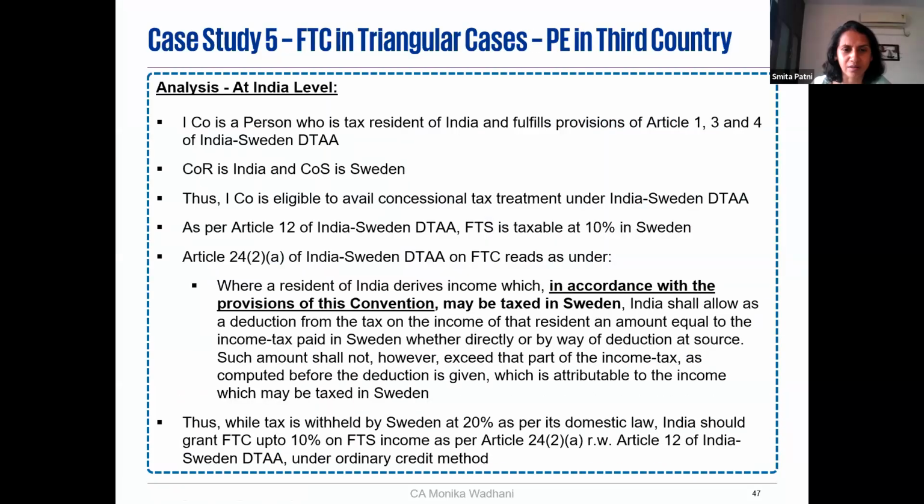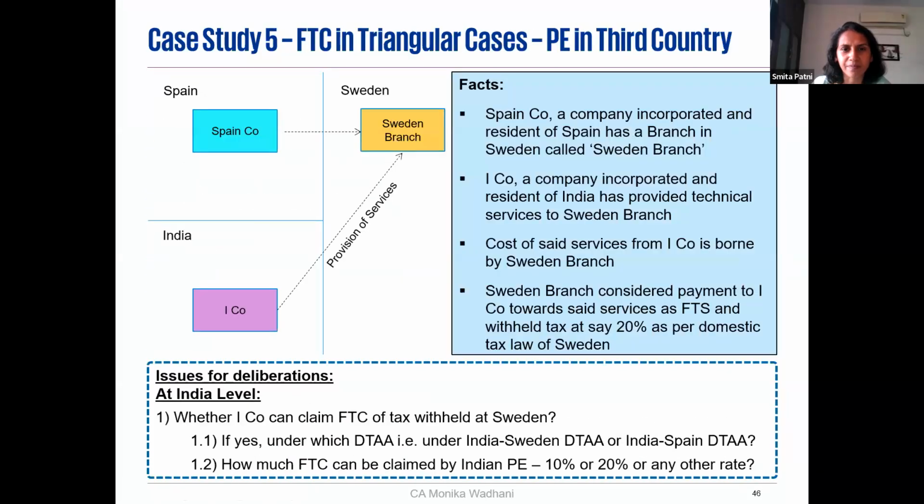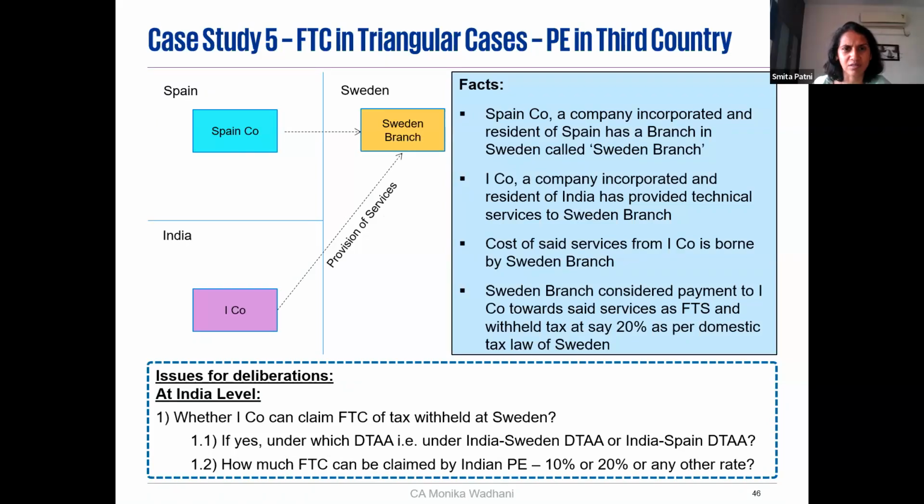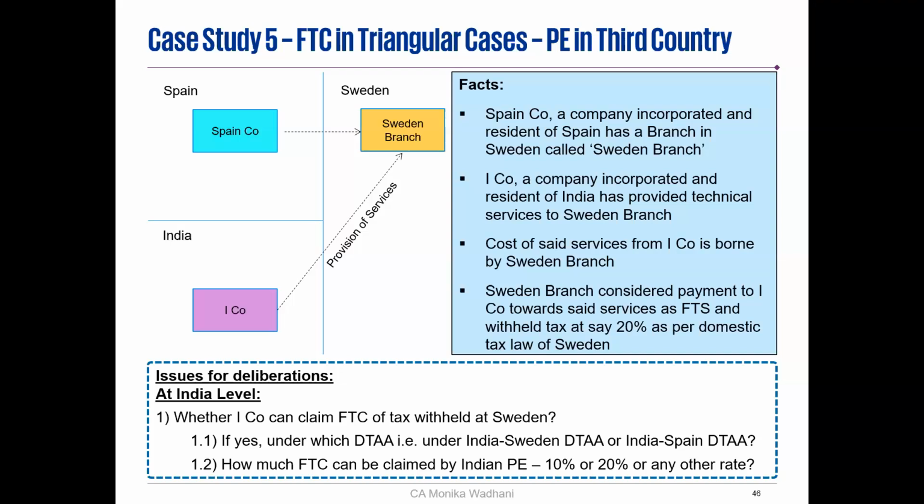I think somebody has come back. You're talking about the slide where there is a branch in a foreign jurisdiction, a triangular case where P is in the foreign jurisdiction. I have no answer to that because the person who has raised this question, can you give speaking rights to that person?